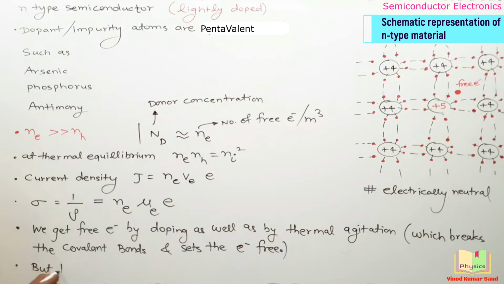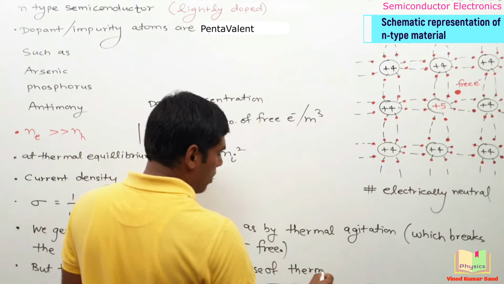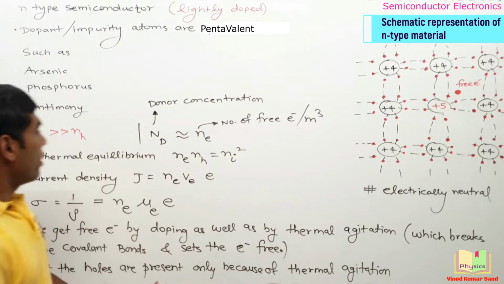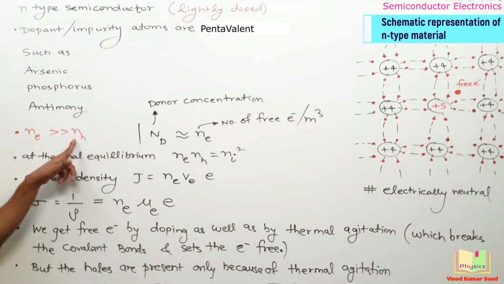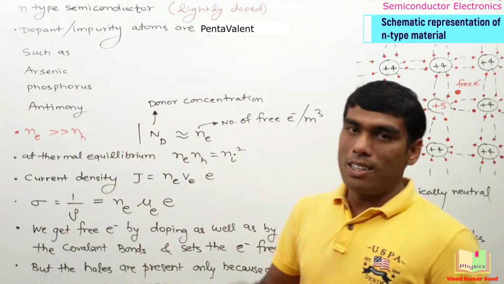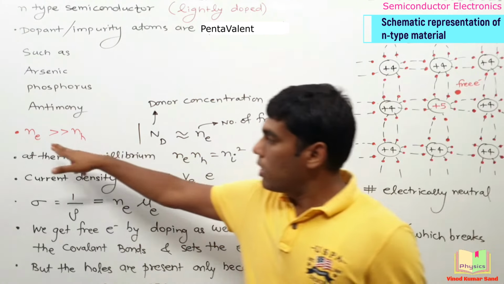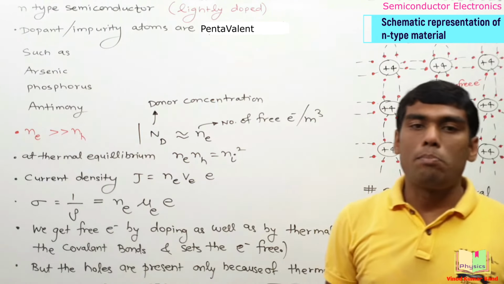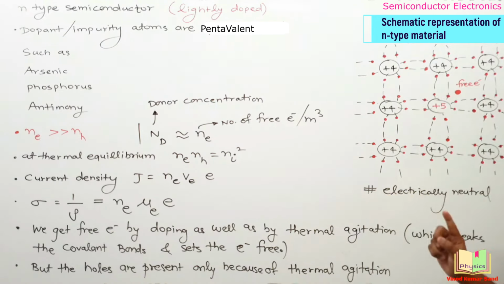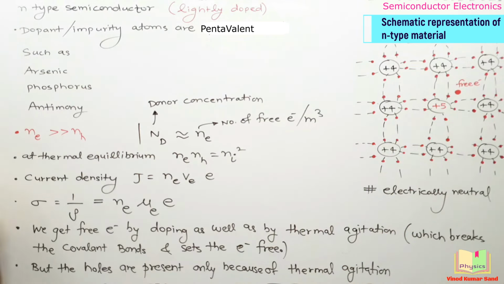But the holes are present only because of thermal agitation. This is the reason that the number of holes will be less and the number of electrons will be more. And by adjusting the concentration level, the doping level of the pentavalent atoms, we can make Ne much greater as compared to Nh. An important thing which you should keep in mind is that these types of semiconductors are also electrically neutral.